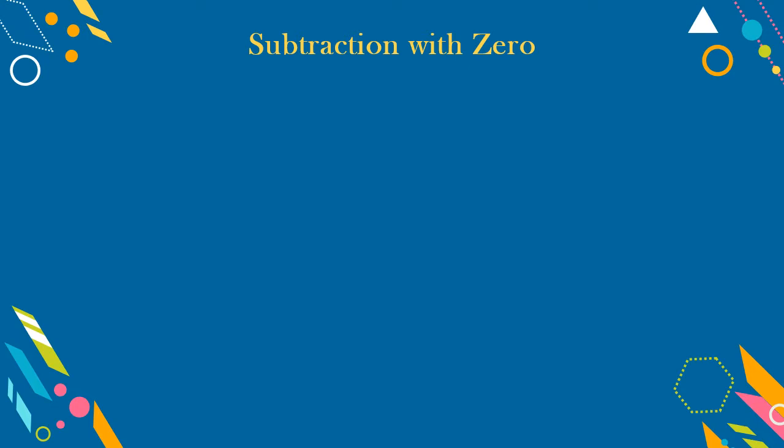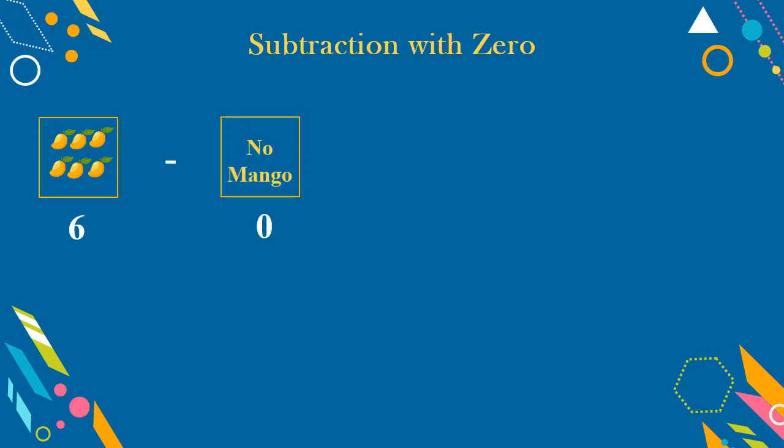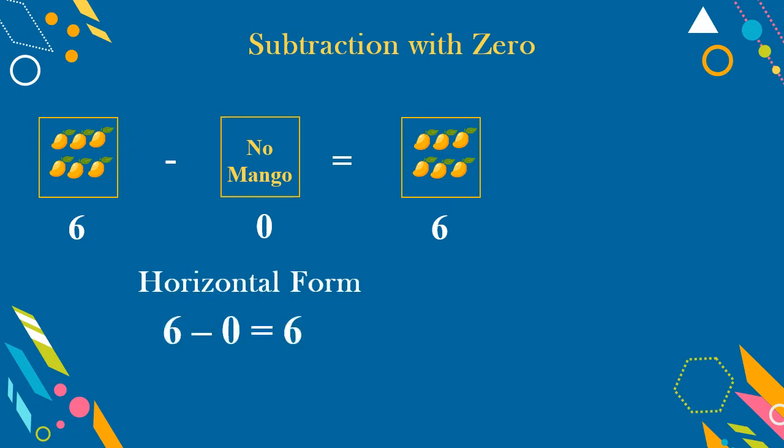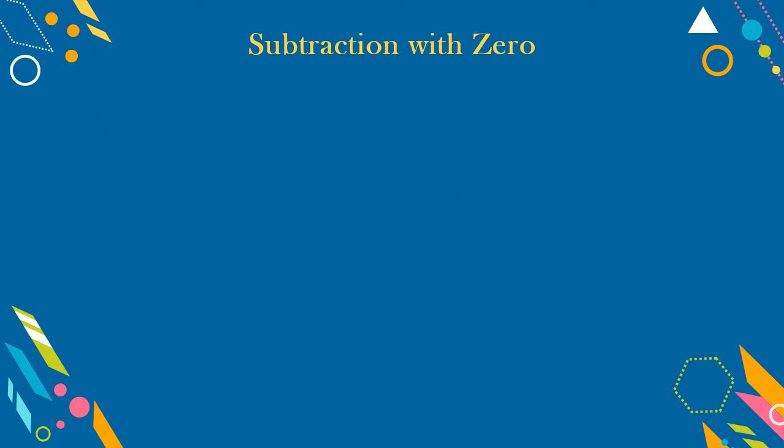Now we solve an example. Here you can see we have 6 mangoes. No mango is eaten, so we are left with 6 mangoes. In horizontal form, we can write this question as 6 minus 0 equals 6. In vertical form, we can write it as shown. Now we have 5 mangoes.